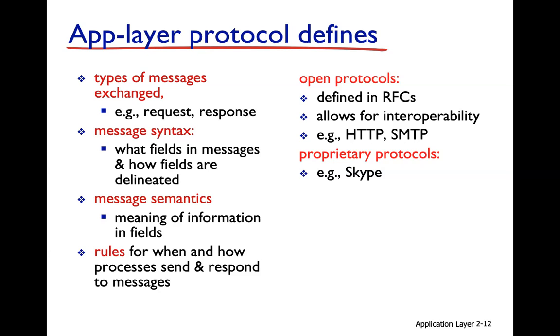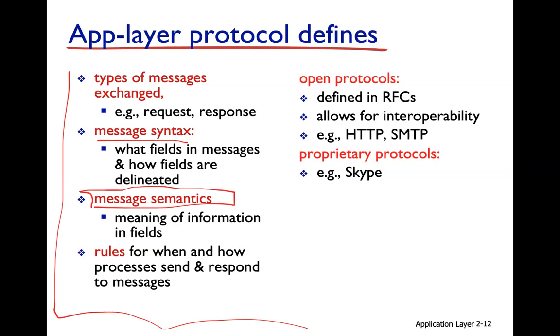Then you should define what the meaning is for that, and give the meaning for that information in the field. For example, for 404, you should give the information of what the real meaning is. And the rules for when and how processes send and respond to messages. So this is what the application layer needs to define.